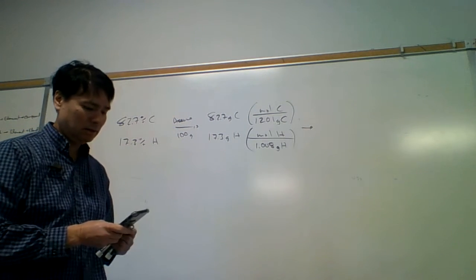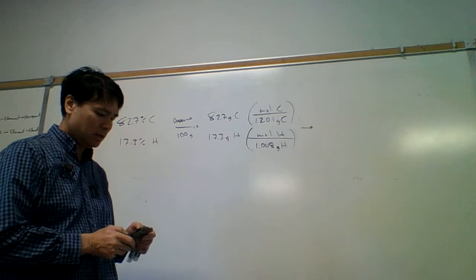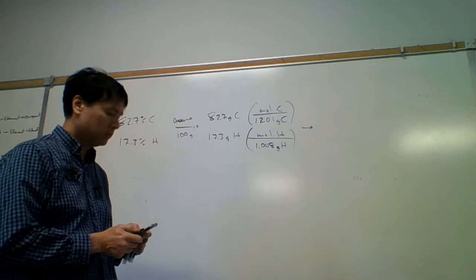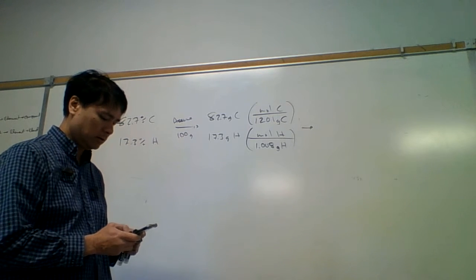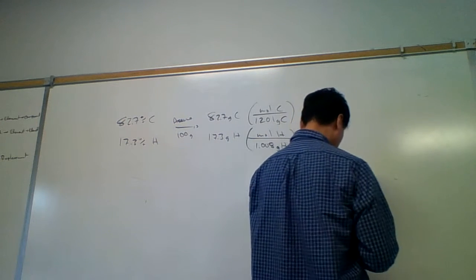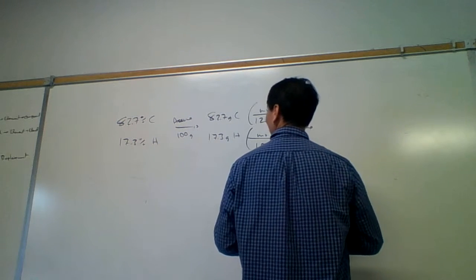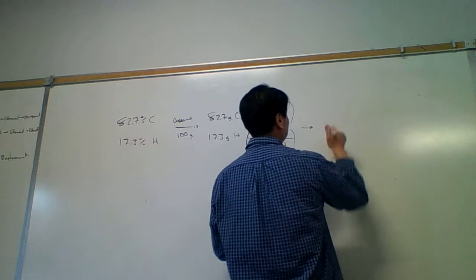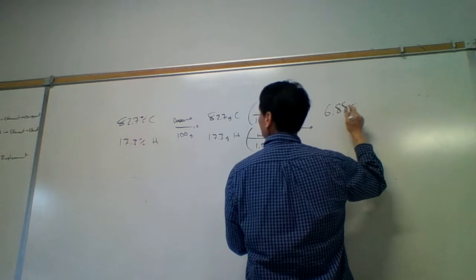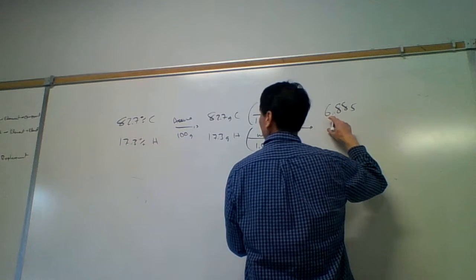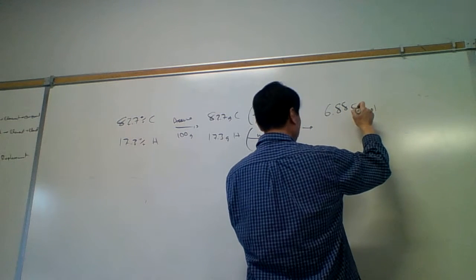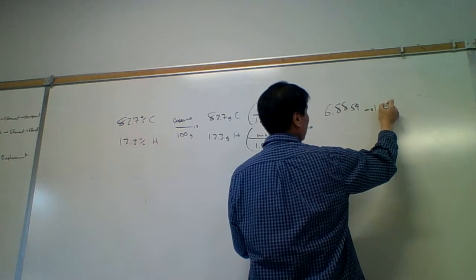82.7 divided by 12.01 is 6.859. I'm going to go with at least four digits for this, so 6.8859 moles of carbon.